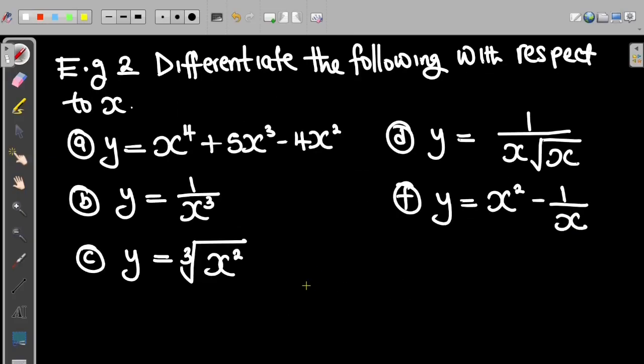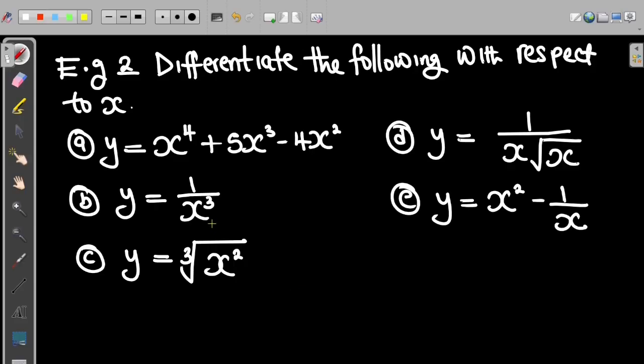Now, let us consider example 2. This example 2 opens us up to different aspects where we can apply the power rule of differentiation. Differentiate the following with respect to x.